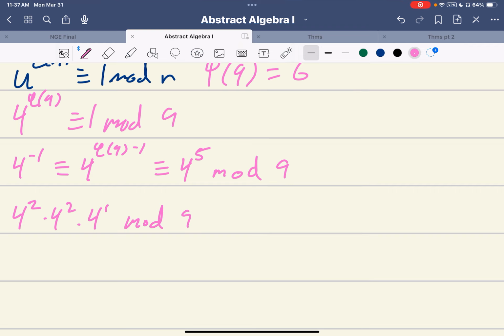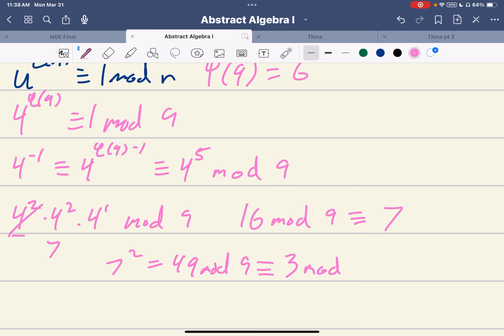So what is the first 4 squared mod 9? 16 mod 9 is equivalent to 7. Now 7 replaces this 4 squared, and we're going to square that. 7 squared equals 49 mod 9, which is equivalent to 45 plus 4, so 4 mod 9.